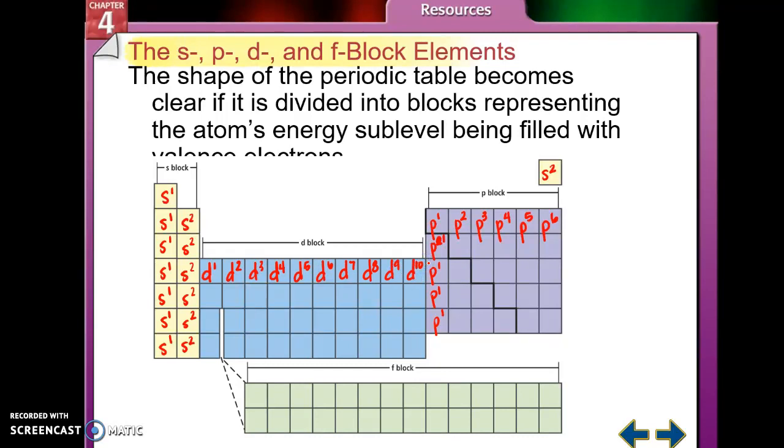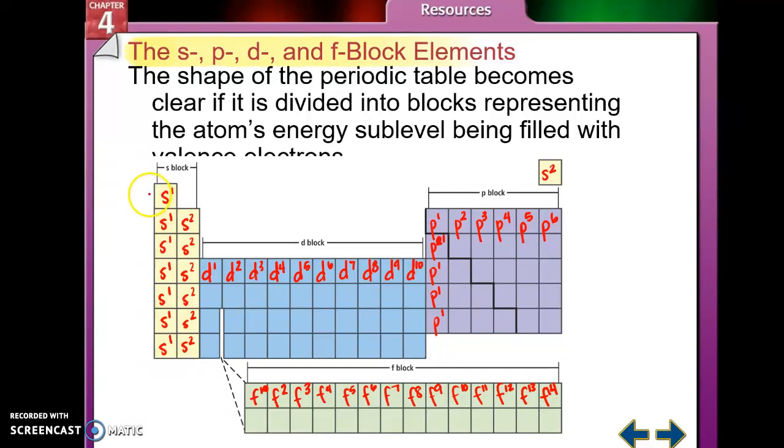And then the f block going across is going to be f1, f2, f3, f4, f5, f6, f7, f8, f9, f10, f11, f12, f13, and f14. So that is where the numbers come from. If you look, the ending should correspond with that.